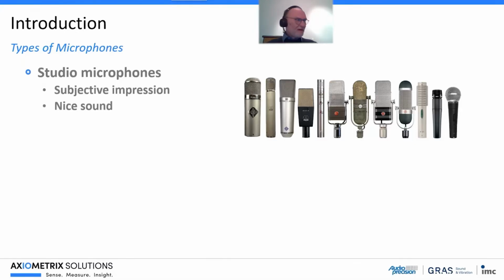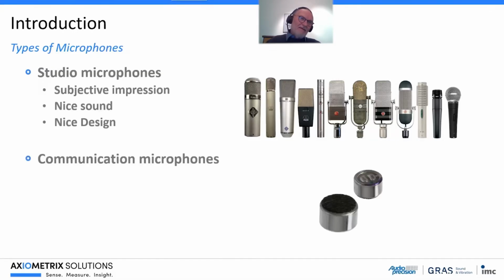We are not looking at a nice frequency response or a very high sensitivity, but we are more concentrating on making the sound of the microphone as neutral as possible. And a studio microphone should have a nice design so you can use it in television studios and things like that.